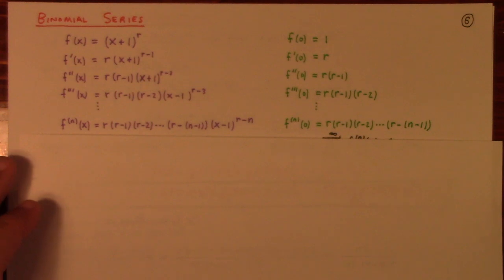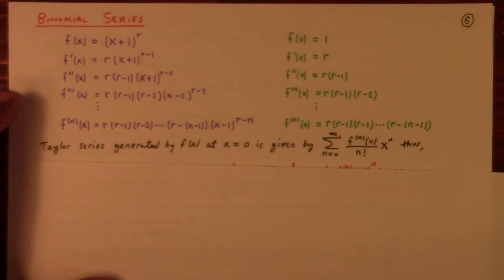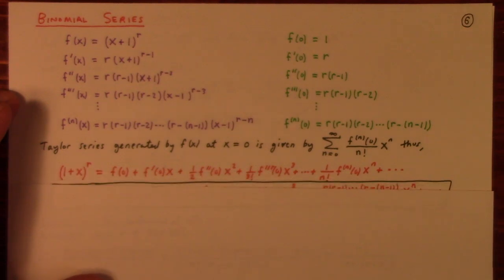You can evaluate those at 0, and you get those coefficients, right? Then Taylor series says that the function can be represented by the nth derivative at 0 divided by n factorial times x to the n. So this is technically the Maclaurin series.